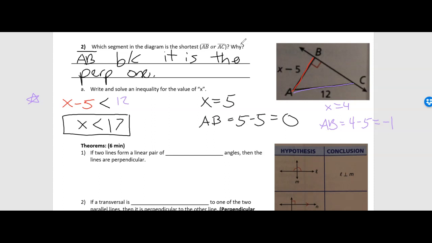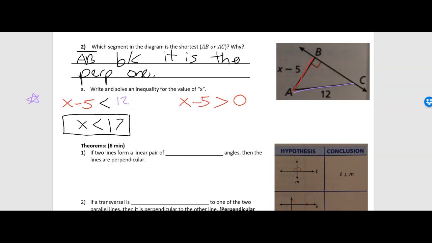So segment AB, the other inequality that we need to write, segment AB, or x, oops, I need my pen, x minus 5, that also has to be greater than 0. Otherwise, some solutions that are less than 17 aren't going to make much sense. So if we add 5 to both sides here, we have x also has to be greater than 5.